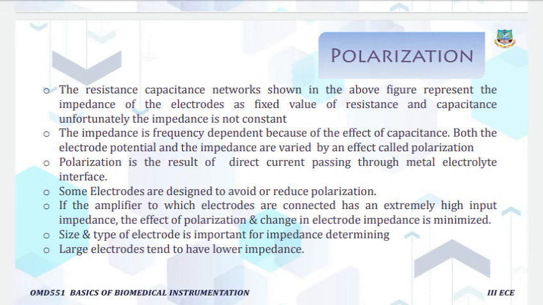In the above figure we see a resistance capacitance network. The resistance capacitor network shown in the above figure represents the impedance of the electrodes as a fixed value of resistance and capacitance.